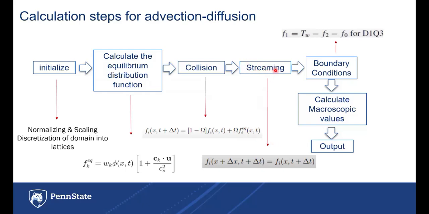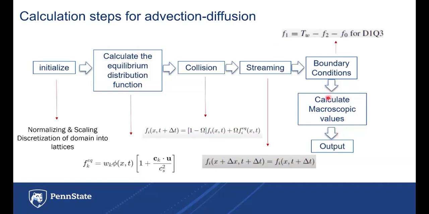It describes how the lattice influences the lattice around it, the adjacent lattice. And then we need to apply the boundary conditions. In our case, because the temperature constraint is applied at the left boundary, the boundary conditions influence the first lattice.